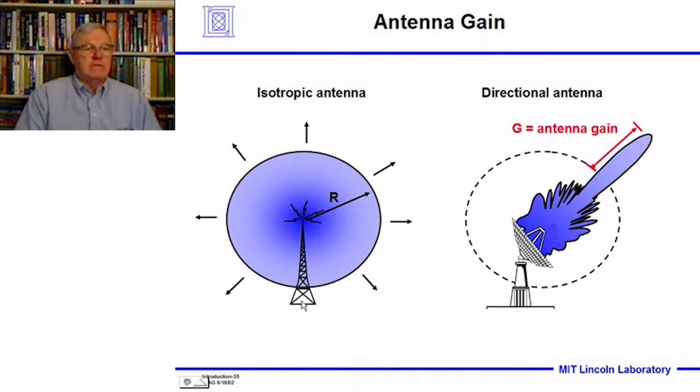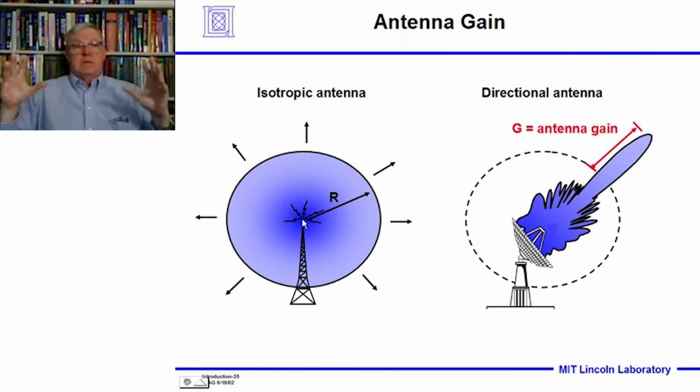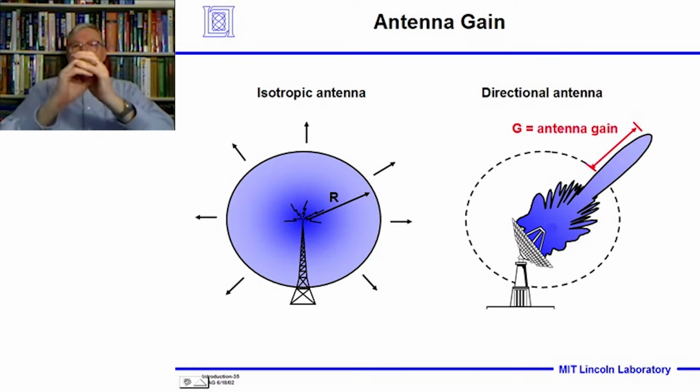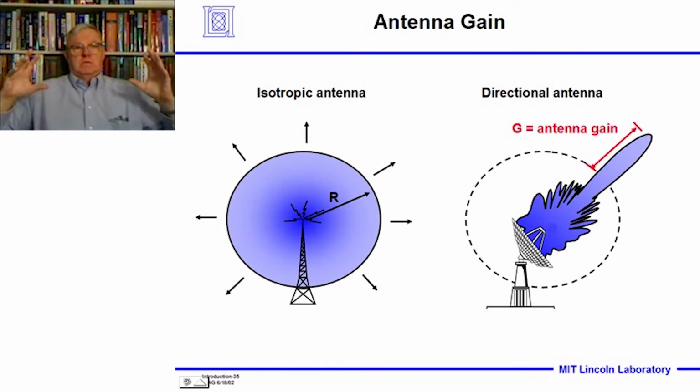Here we have on the left the visualization of an antenna, a tower, and on top of it is a little transmitter with an antenna that's sending energy out isotropically in space, uniformly in space, so that the energy, a pulse wave, say, goes out like an expanding sphere.